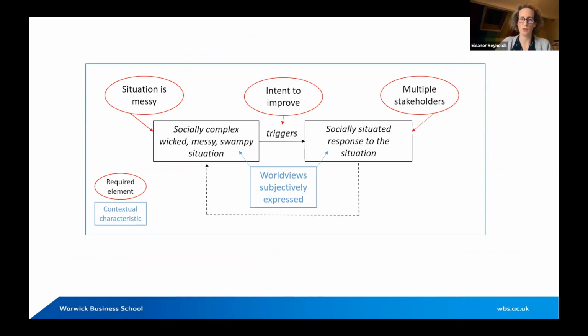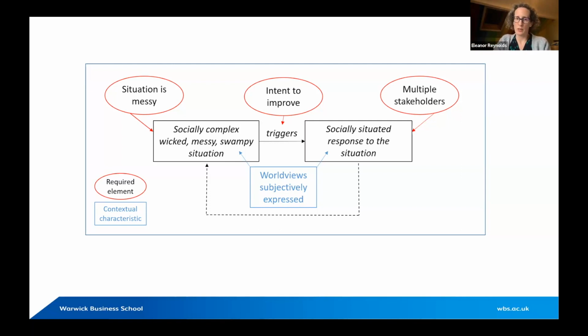We have those worldviews being subjectively expressed, and irrespective of whether that group of people, that group of multiple stakeholders, decide to make an intervention to try and implement a change within the situation, we know that even if no response is made, when you have a wicked, messy, swampy situation, it will continue to evolve. So there is that feedback loop, albeit a dotted line to indicate that there may actually be a decision to do nothing.